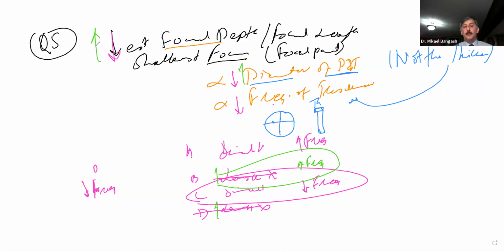Clear? Or the greatest focal depth or focal length. Did you guys get that? Yep.